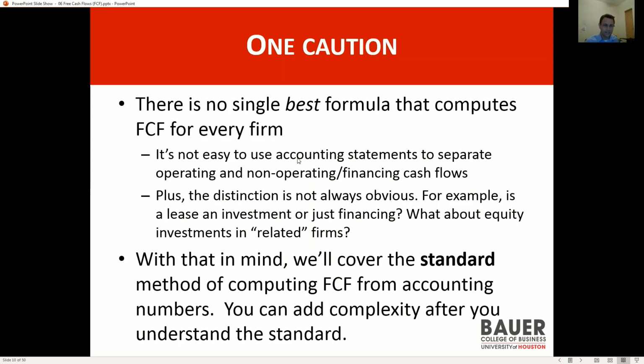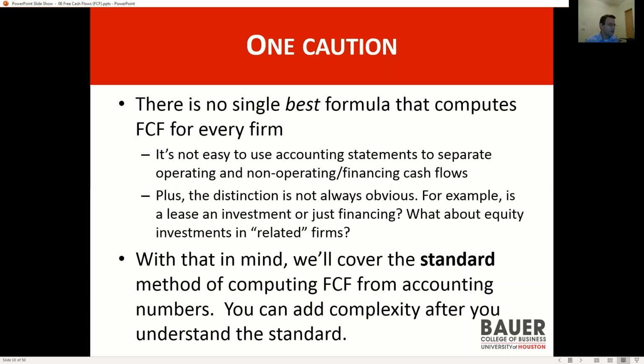Before we get into the nitty-gritty and walk through some examples, I'll caution that there's not going to be one single formula that gets at the free cash flows for every firm, right? There's just too much variation across industries and across firms to translate the accounting data into cash flows succinctly.